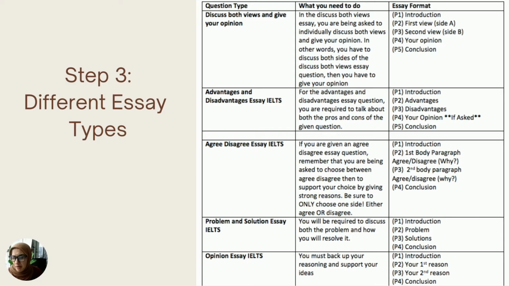And then paragraph 3 would be your second reason. So try to include two main reasons of what you think about this issue, and for each reason you should have two supporting backup points. And then paragraph 4 would be a conclusion.